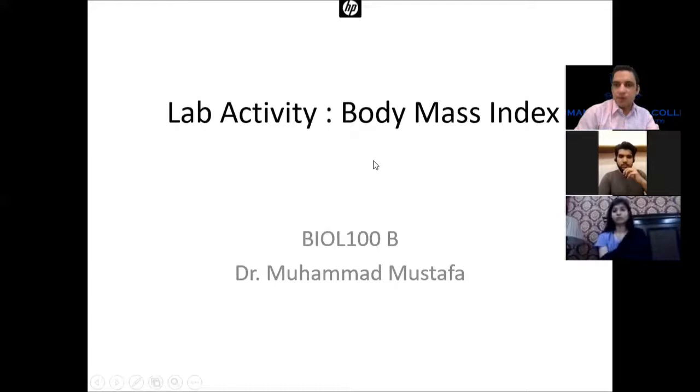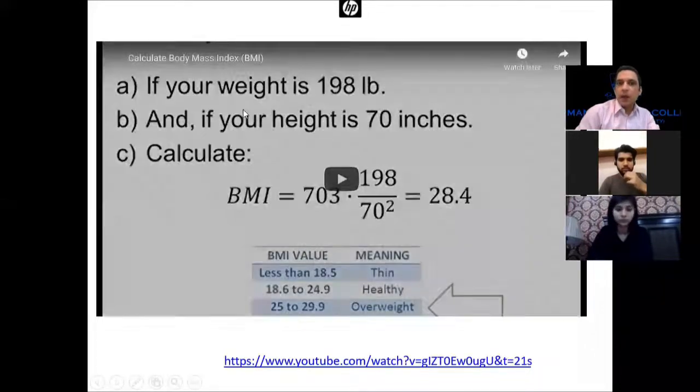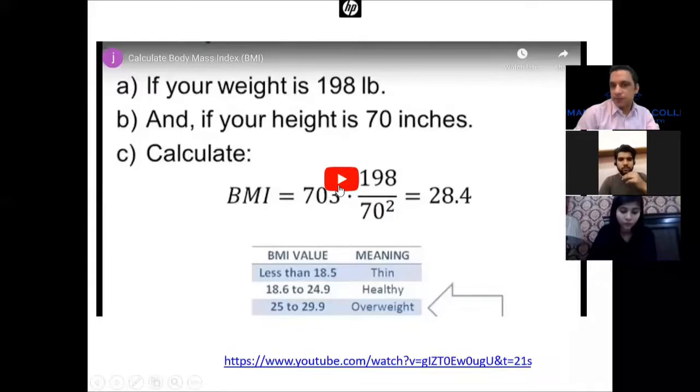There are certain apps in your cell phones which can help you calculate it. As a starter, it's a very simple formula, and that formula requires two readings from any person. The first is the weight and the other is the height.